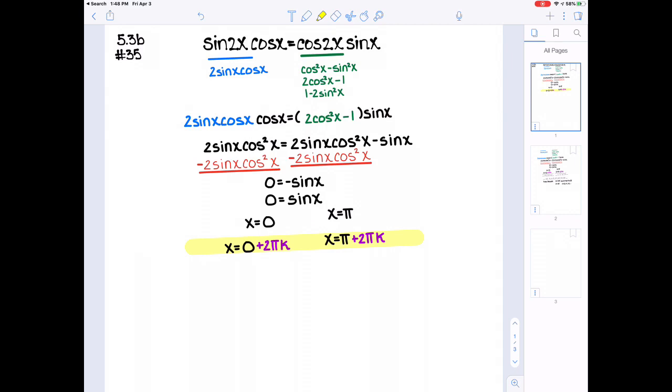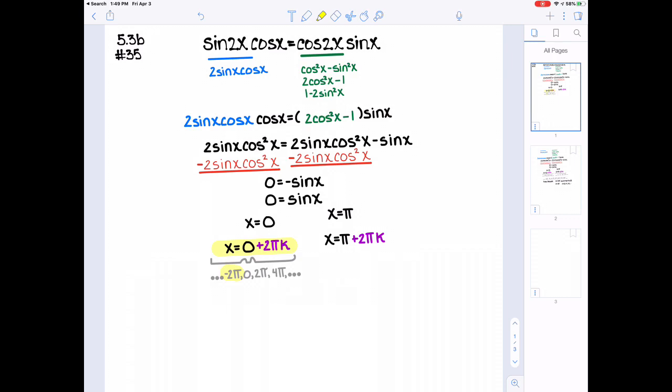Ordinarily, these two equations would be my final answer. But these equations can be simplified. If k is an integer, then we can find additional answers by substituting in negative 1, 0, 1, 2, 3, etc. If I substitute negative 1 into this equation, then I will get 0 plus 2 pi times negative 1, which is negative 2 pi.